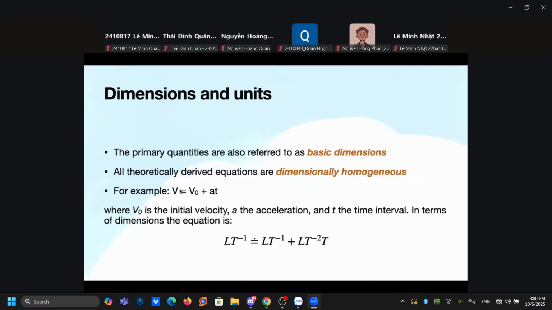On the left side, the dimension of velocity, because the unit of velocity is meter per second, is length multiplied by T to the power minus 1, equal to LT minus 1. Plus acceleration, length multiplied by T minus 2, multiplied by T. So T multiplied by T minus 2 equals T minus 1. So both sides of the equation have the same dimension, LT minus 1.